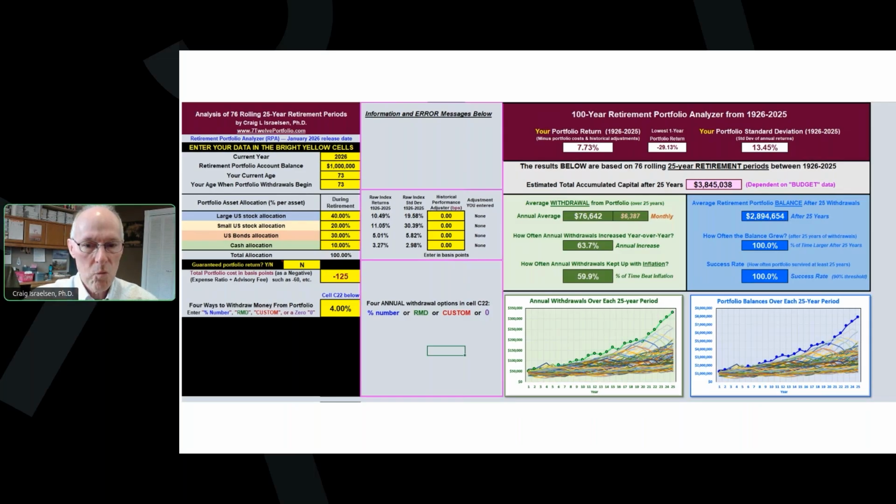We're analyzing 25-year periods here. And so I can't stress that enough, that these results are based on a person staying in whatever portfolio they design here, that the input.